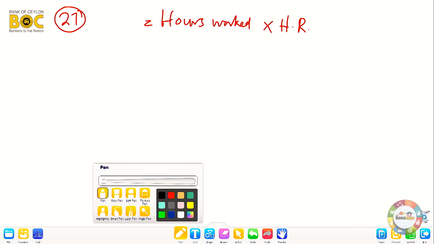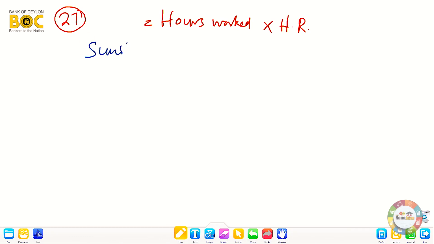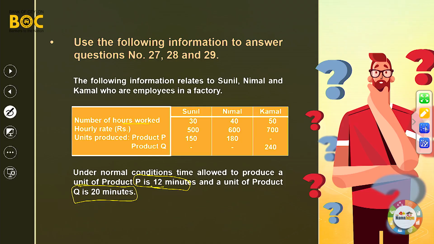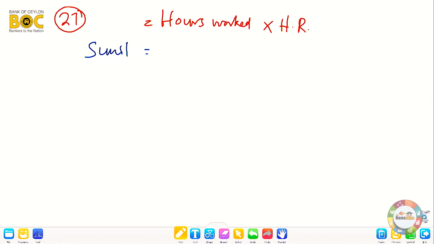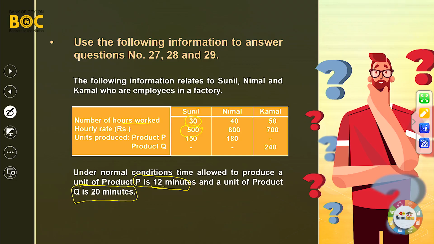The first employee, Mr. Sunil, has worked 30 hours, hourly rate is 500, so 30 hours into 500. Then the second employee, Mr. Nimal, has worked 40 hours. What is the hourly rate? 600.